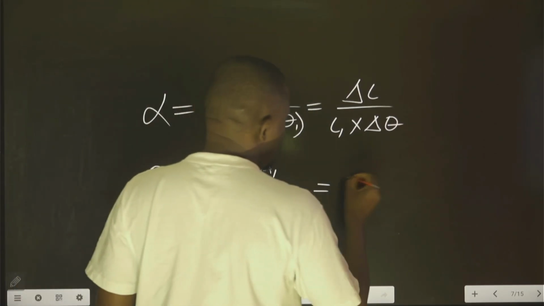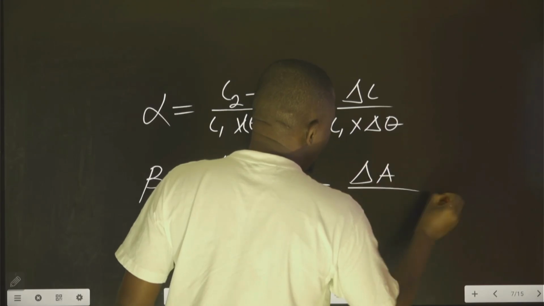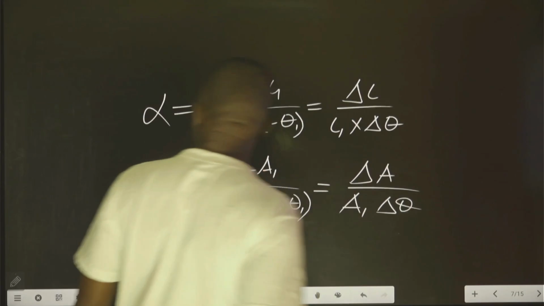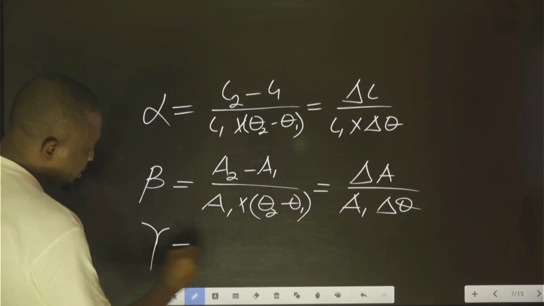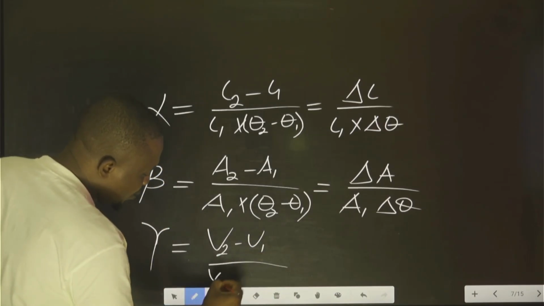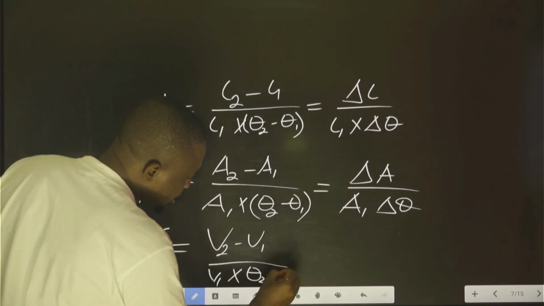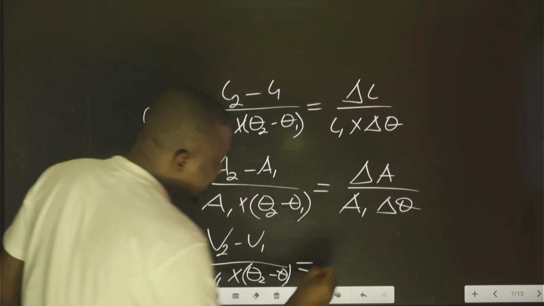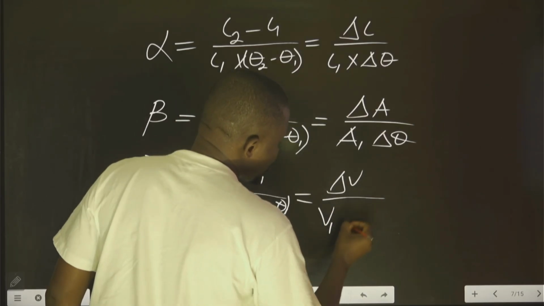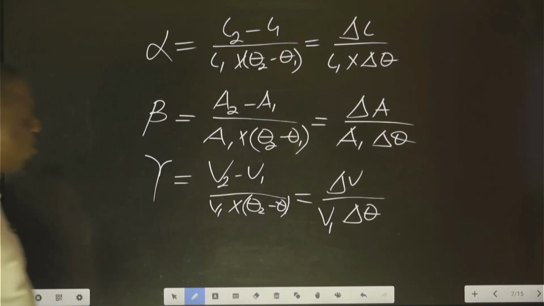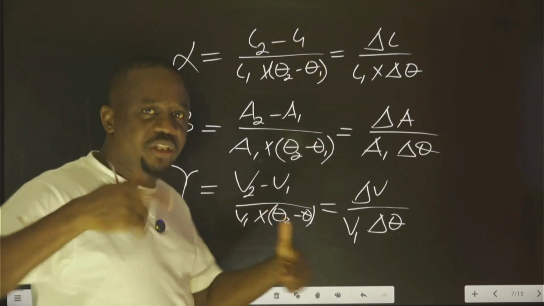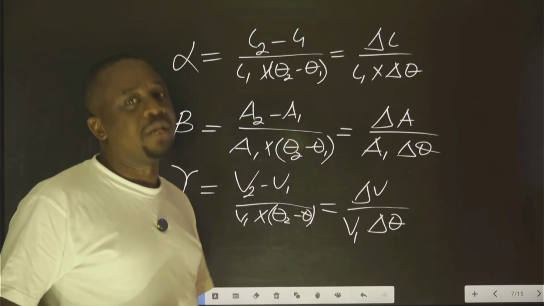The volume expansivity is V2 minus V1 over V1 multiplied by change in temperature, which you can write as change in volume over original volume multiplied by change in temperature. So with this now, you shouldn't have problem with recalling the formulas.